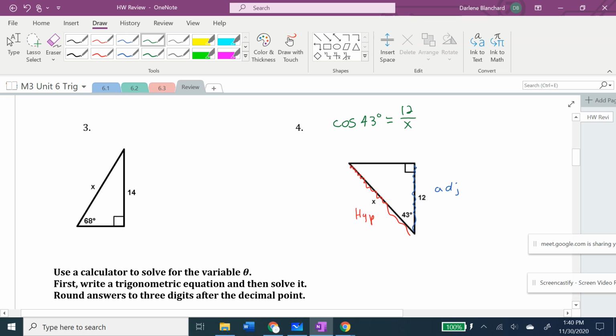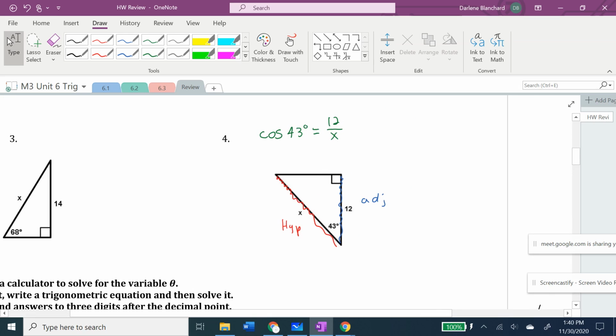Now, if you have all 6 trig buttons on your calculator, you may want to, instead of using cosine, use its reciprocal secant, because then all you have to do is multiply the 12 to the other side and find that with your calculator. But maybe it's not a big deal for you in this way.